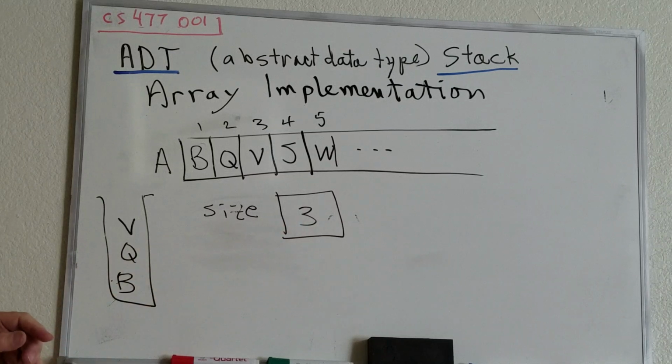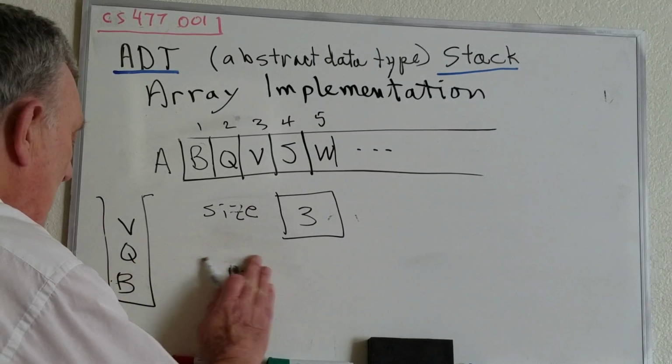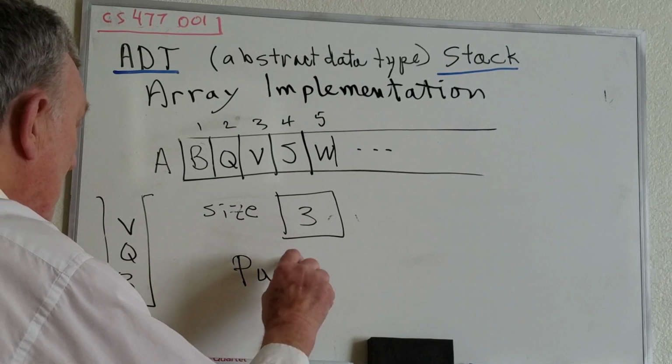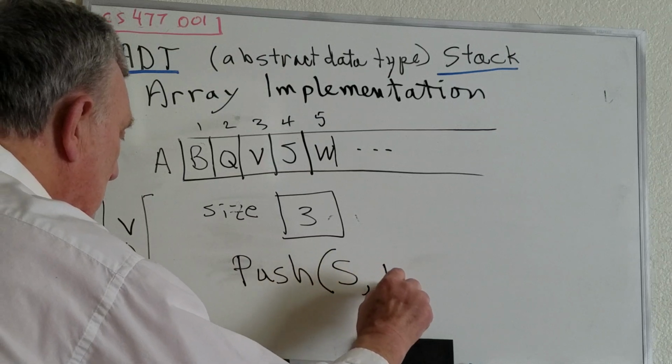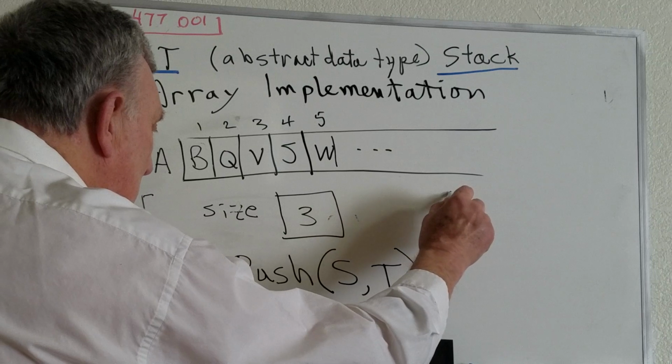The way that you insert an item, suppose for example we want to push S T, where S is the name of the stack. So what is S implemented as?